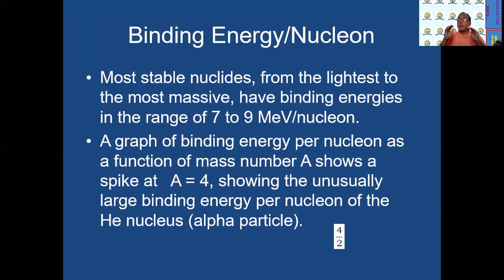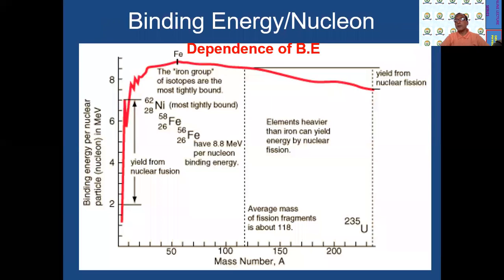The total amount of energy required to remove one proton or one neutron, one constituent nucleon, is called the binding energy per nucleon. Most stable nuclides, from the lightest to the most massive, have binding energy in the range of 7 to 9 million electron volts. If you calculate the binding energy per nucleon for many particles and plot a graph between mass number and binding energy per nucleon, the nature of the graph is of this type.